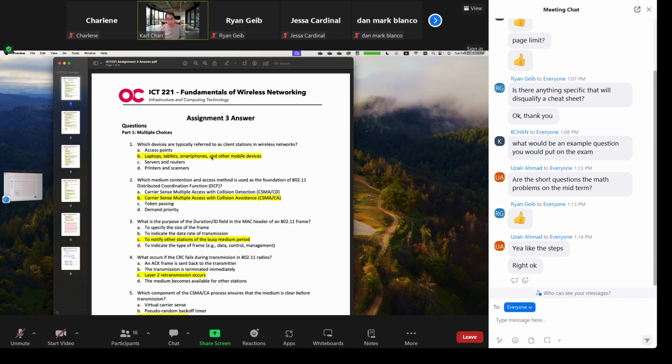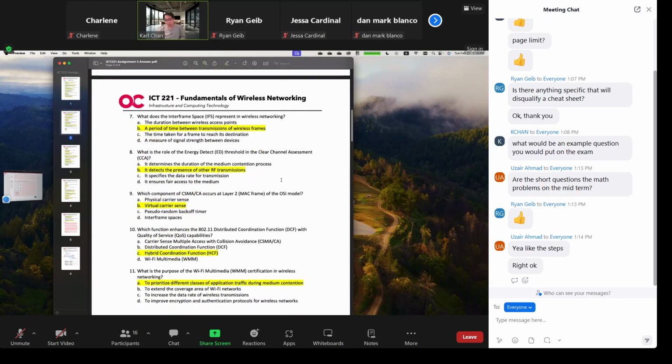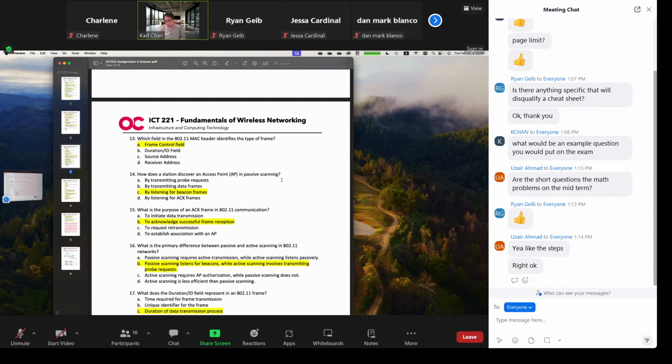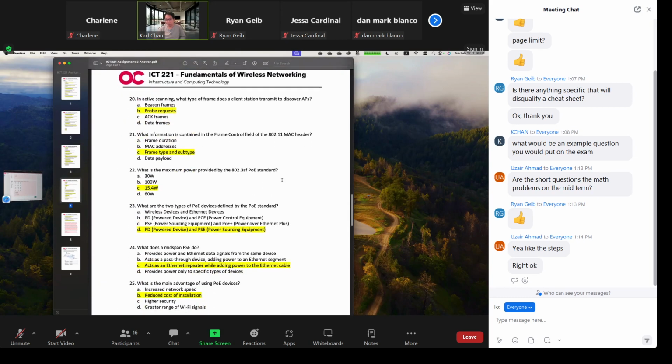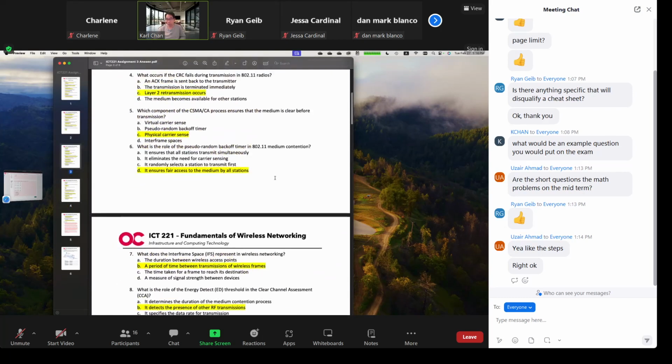Assignment 3 covered from medium access to PoE. Medium access, frame structure, and also the PoE. We focus on frame structure and also the PoE.